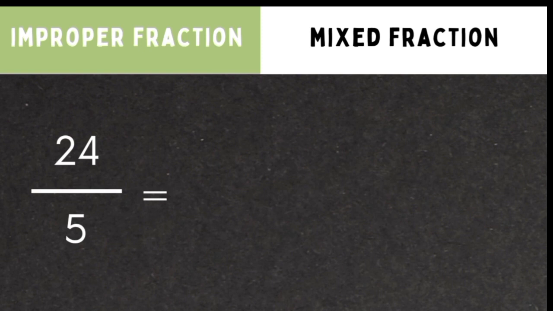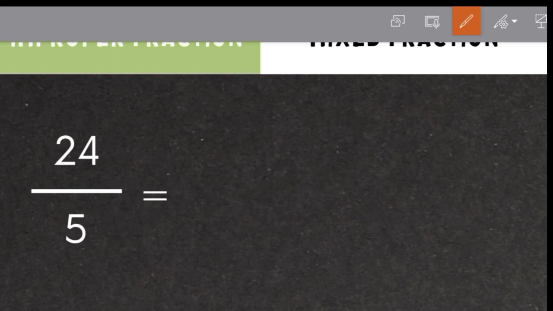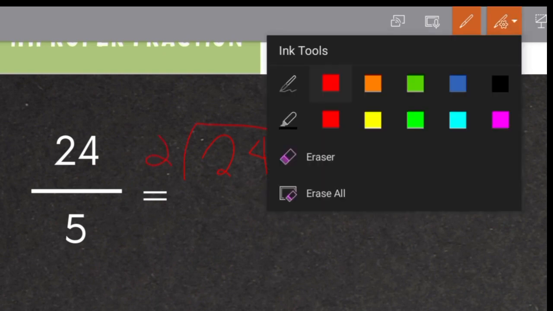So for you to get the lowest term of that answer, you just need to convert that improper fraction to a mixed fraction. So for us to do that, you just need to divide the numerator by the denominator.